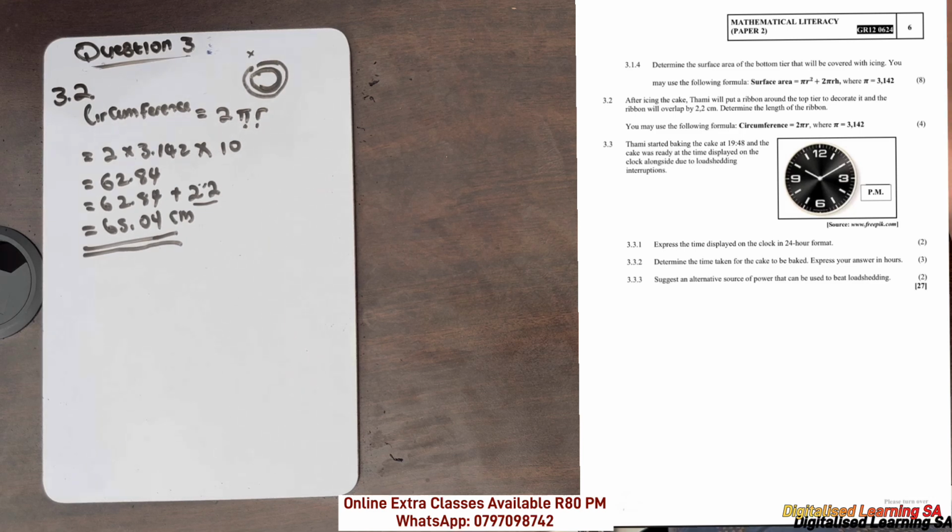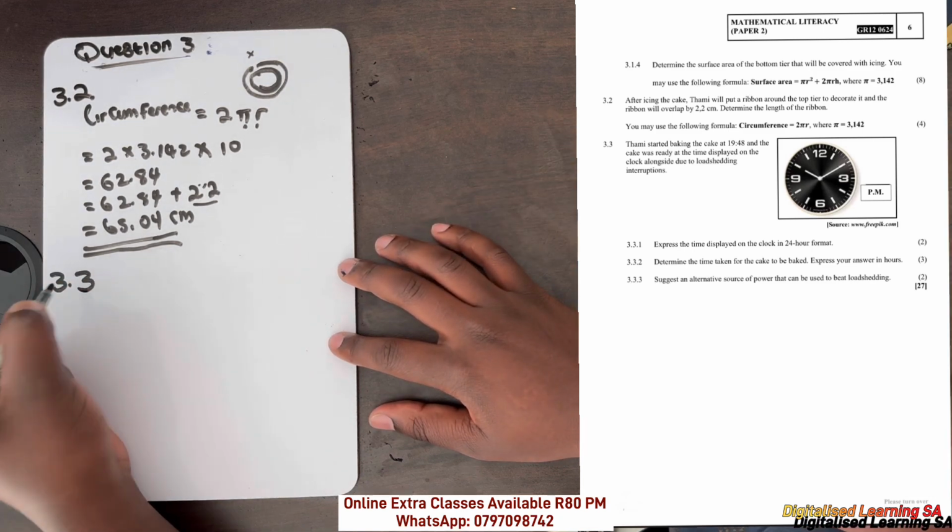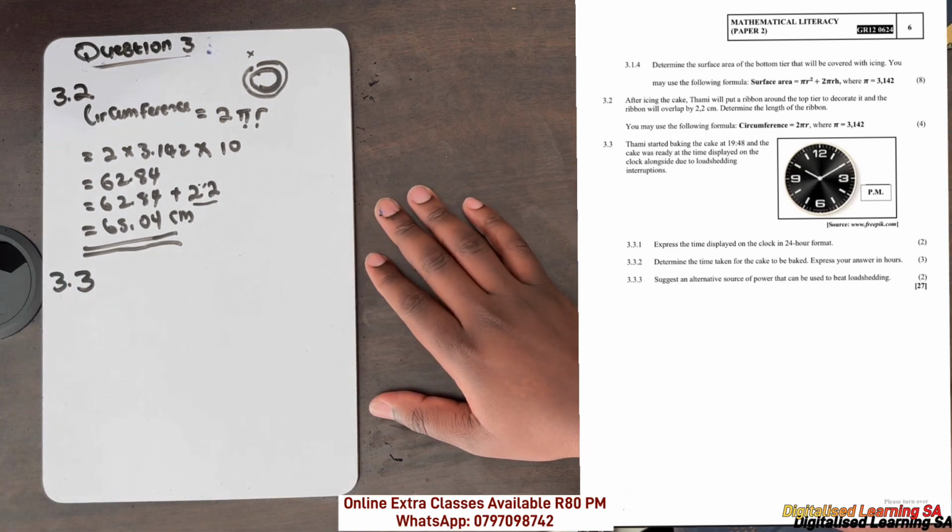Okay, so now let's move to question 3.3. Question 3.3 says that Tammy started baking the cake at 12 minutes to 8, and the cake was ready at the time displayed on the analog clock due to load shedding interruptions.